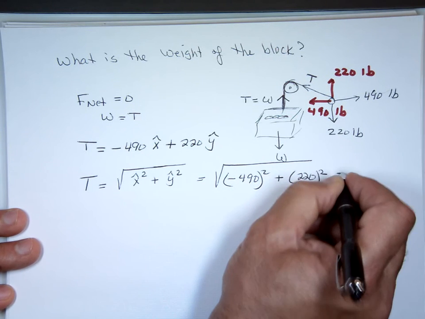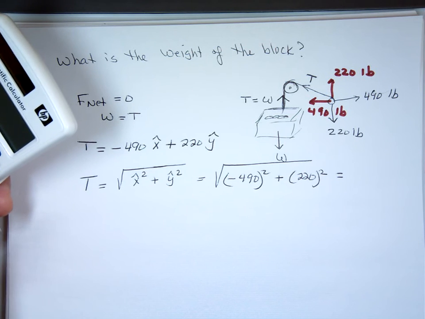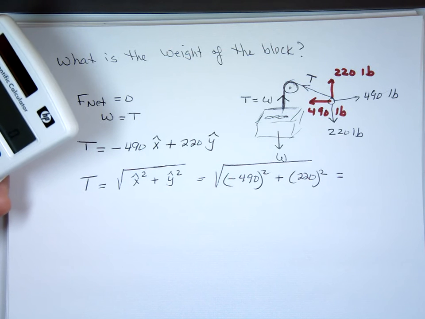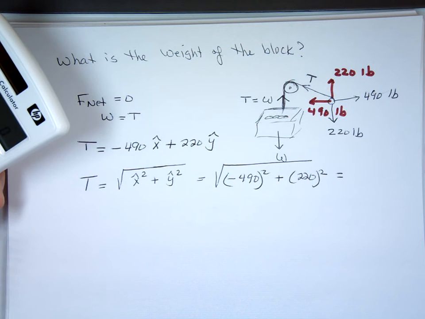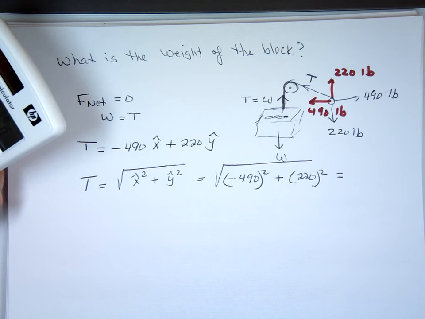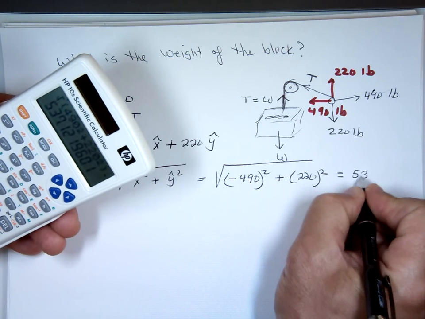Let's find out what that number is. The square root of 490 squared plus 220 squared. It's 537.1 pounds.